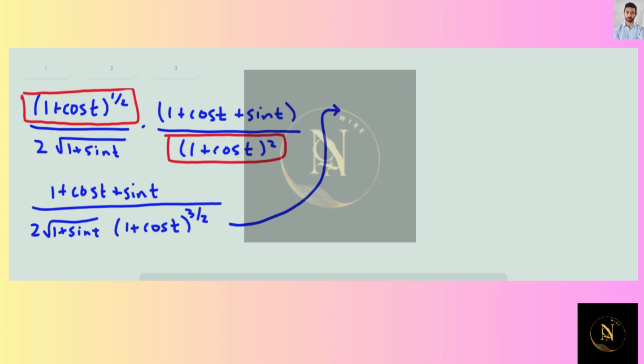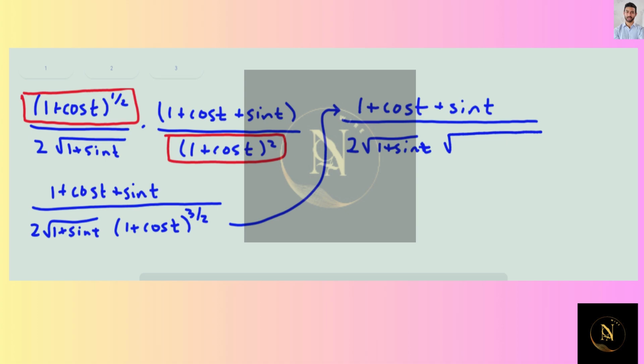We can change that. So we have 1 plus cosine t plus sine t over 2 times the square root of 1 plus sine t times the square root of 1 plus cosine t cubed.